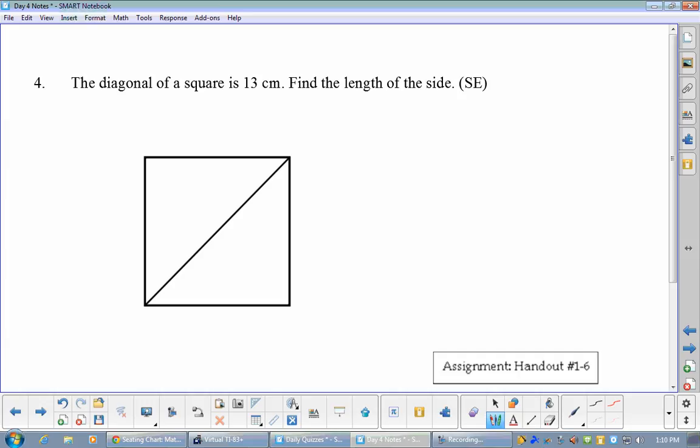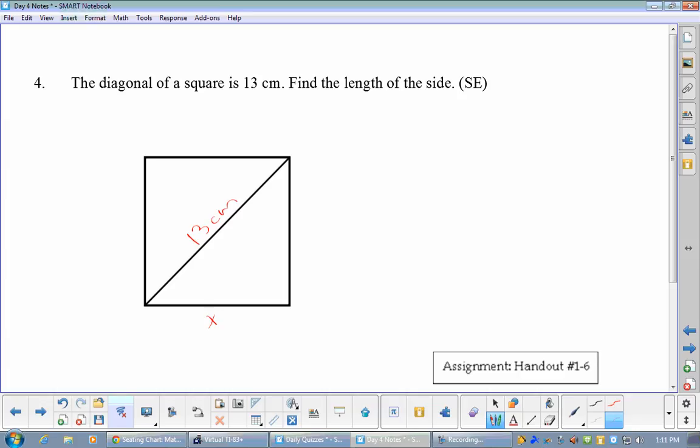Oh, you don't even have a square. Okay, so just draw a square and go corner to corner. It says that the diagonal of this is 13 centimeters. And it says find the length of the side right here.